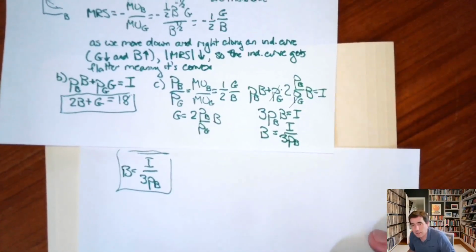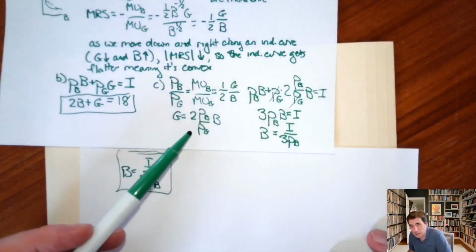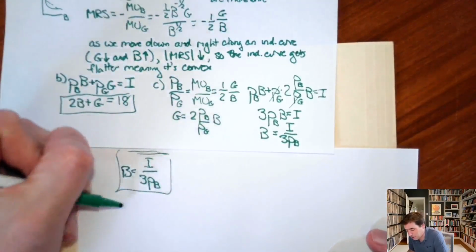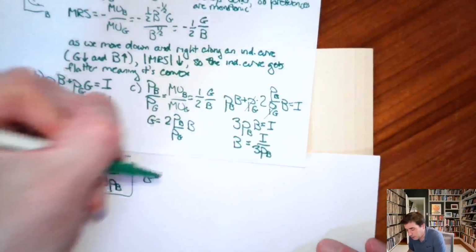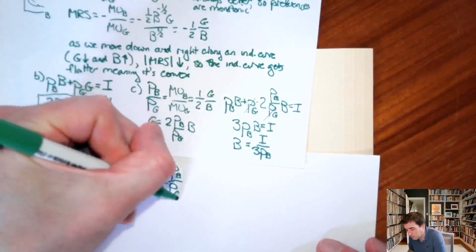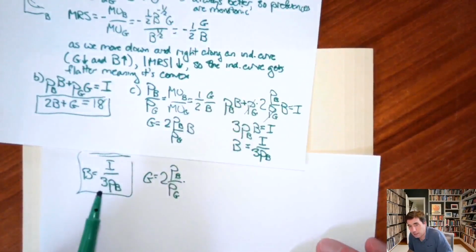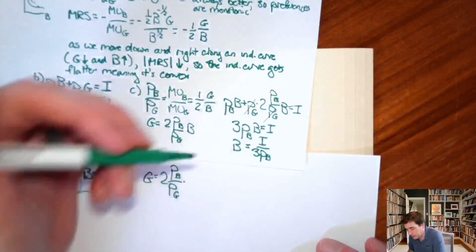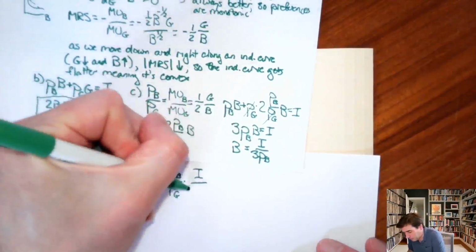Okay. To get my expression for G, I'm just going to go back to what I had at the end of the tangency condition. So I've got that G should be equal to 2PB over PG, all of that times B, but I can plug in this for B. That's going to be I over 3PB.